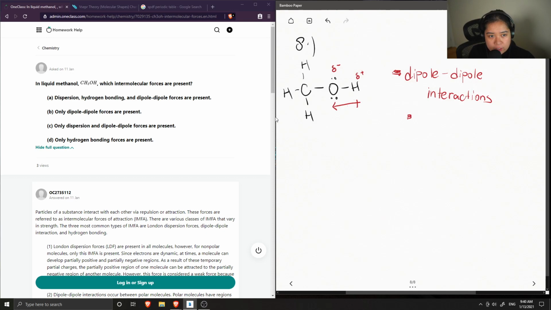So this partially positive side will be attracted to the partially negative side of another methanol molecule. So this is called hydrogen bonding.